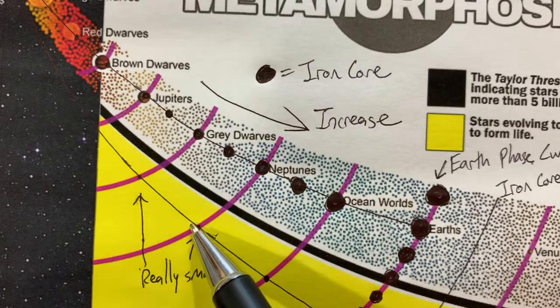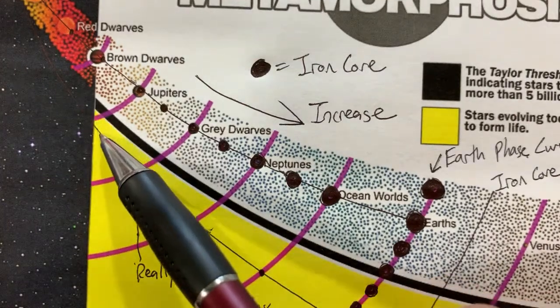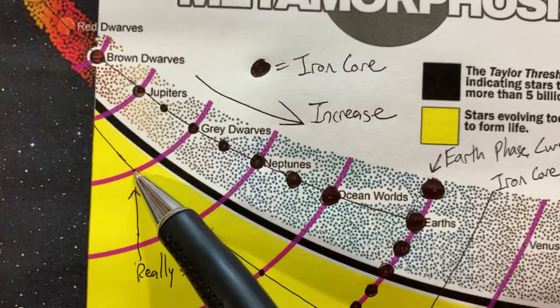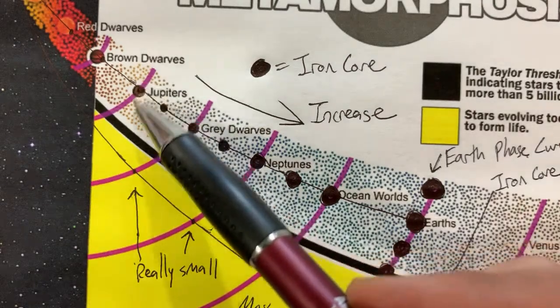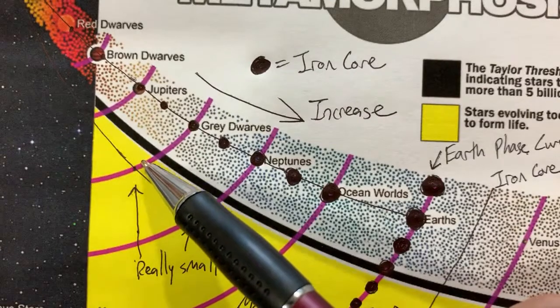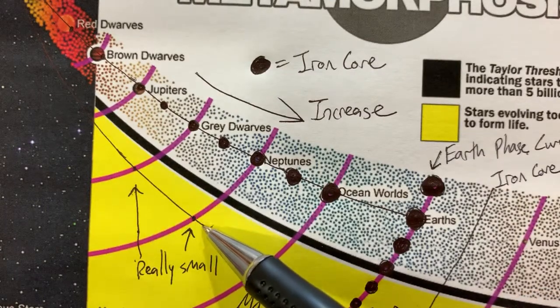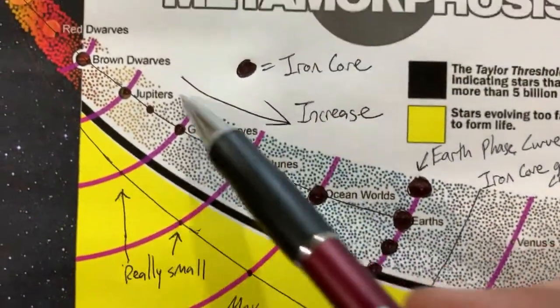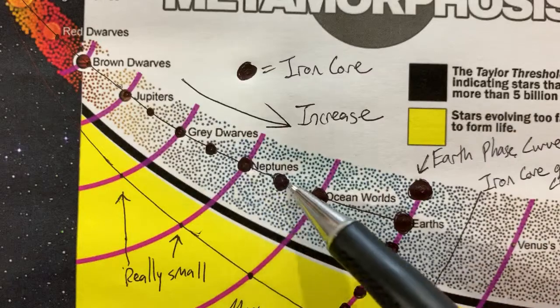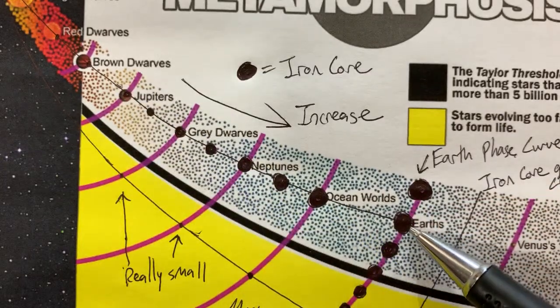Even as it loses its thick atmosphere really, really fast, it can't build that iron core as could a much larger, much more gaseous object. So the iron core sort of grows, but it grows in very, very tiny amounts. The objects that can form really large iron cores are the objects that are really, really big.